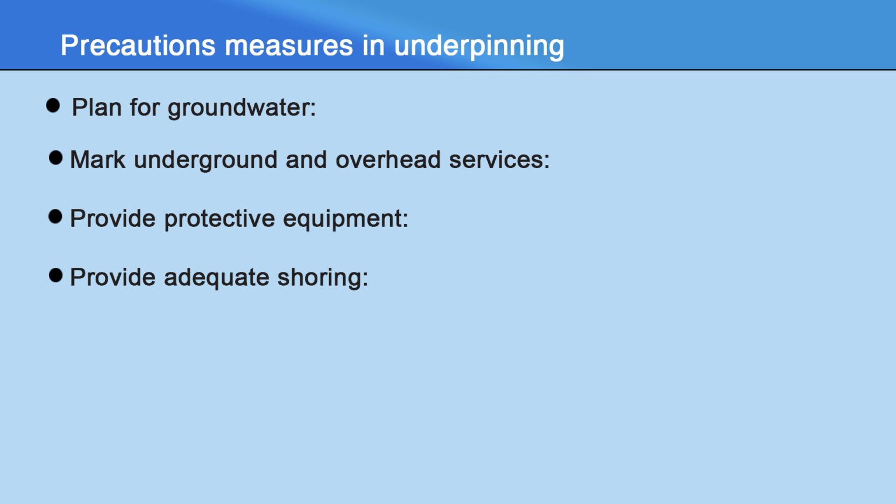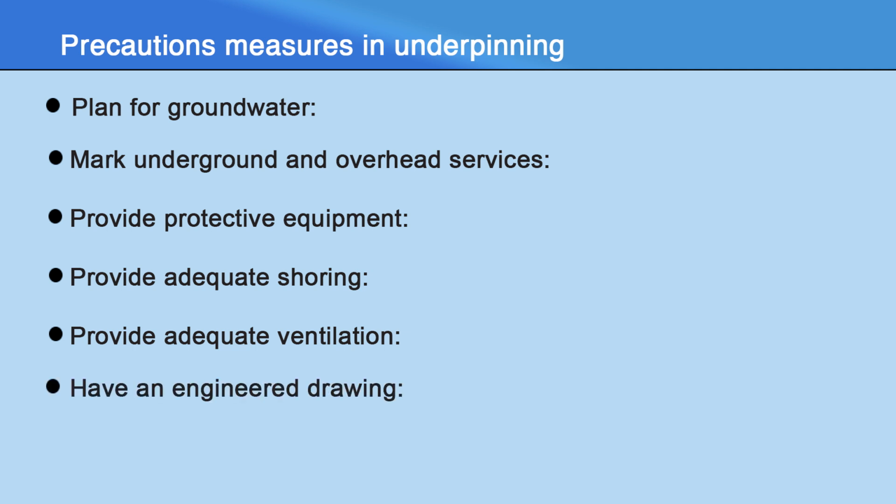Provide adequate shoring, ensure that the trench has adequate battens and shoring. Another precaution, provide adequate ventilation, ensure that confined spaces have adequate ventilation. Have engineers' drawings and procedures developed for the underpinning sequence.